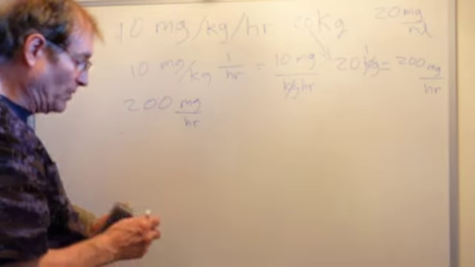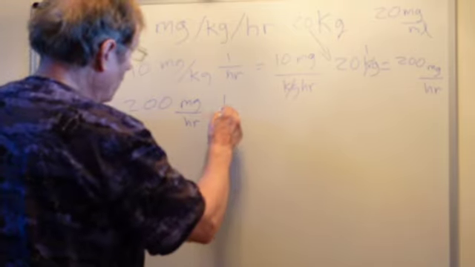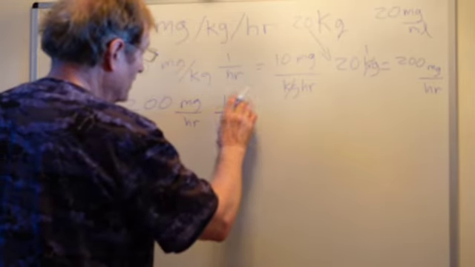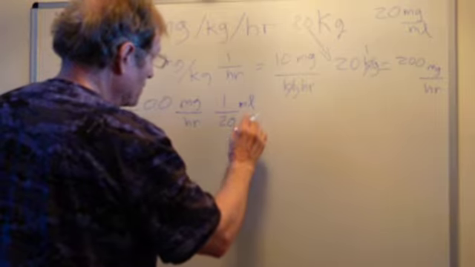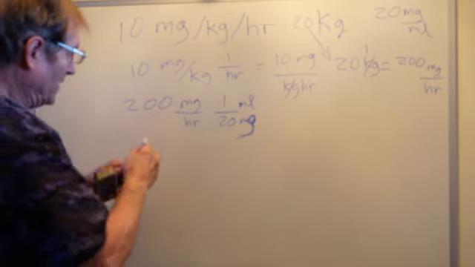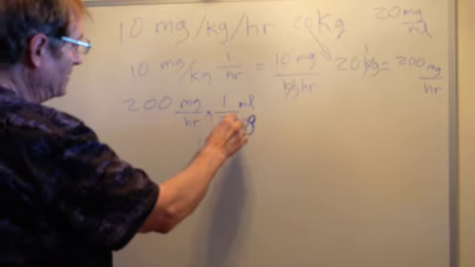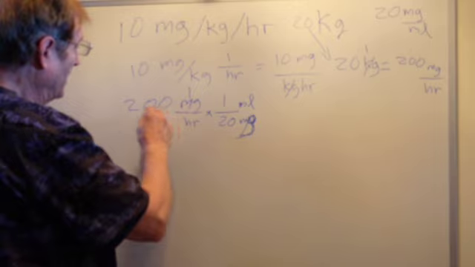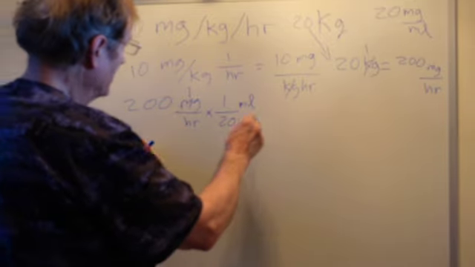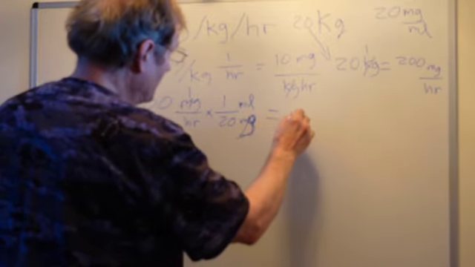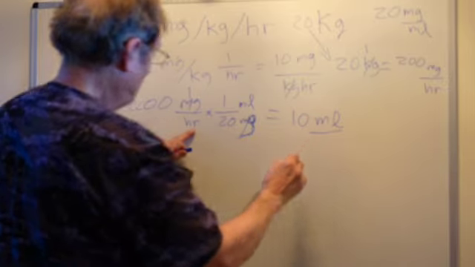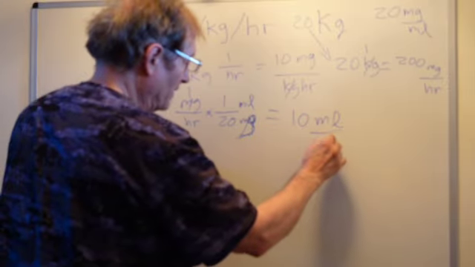The reciprocal of 20 mgs per mil is 1 over 20 mils per mg. Mgs over mgs equals 1, and 20 goes into 200, 10. So I've got 10 mils per hour left here.